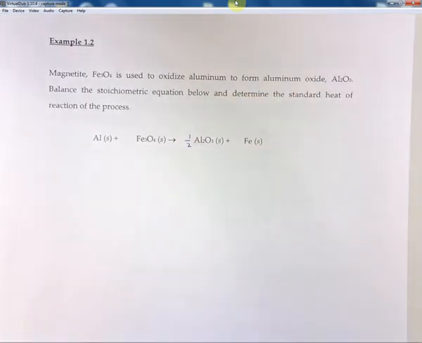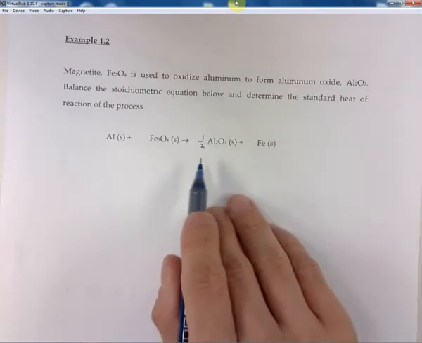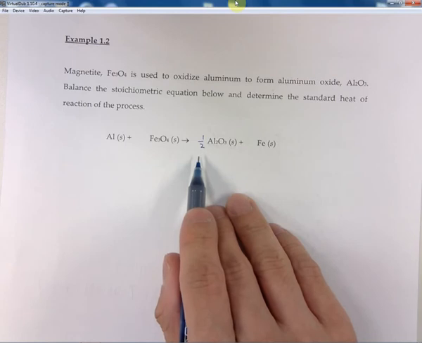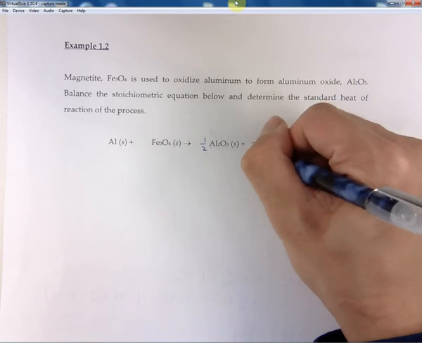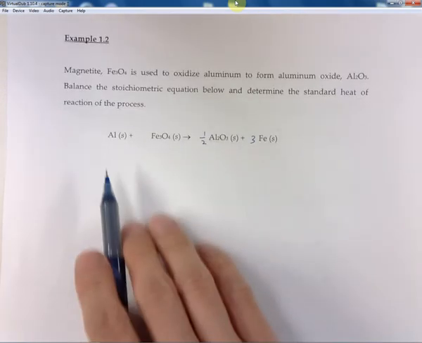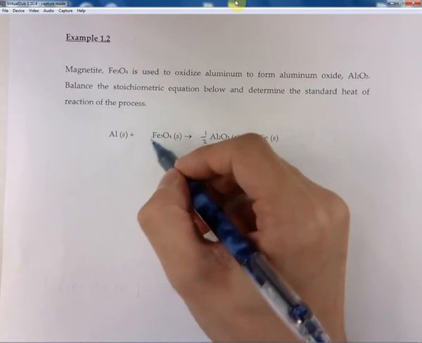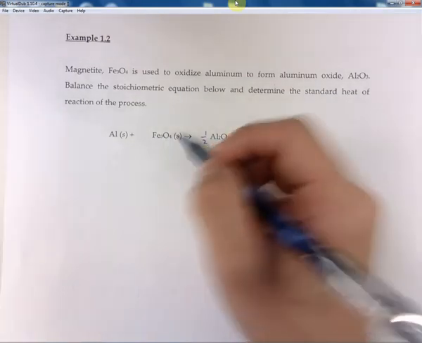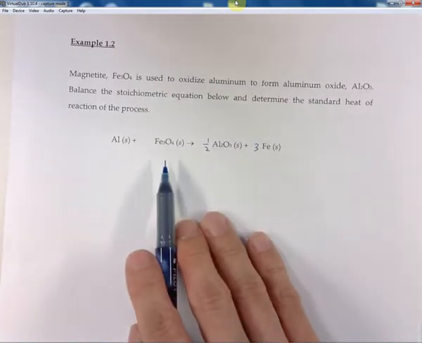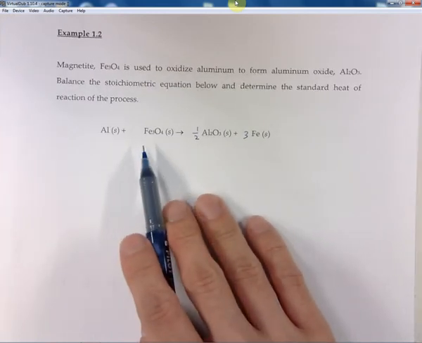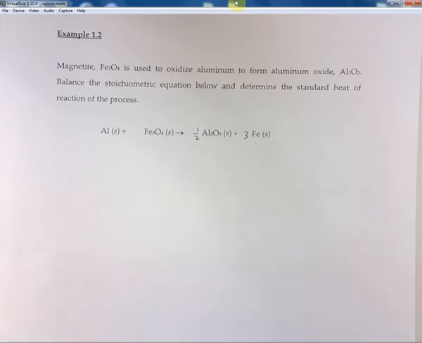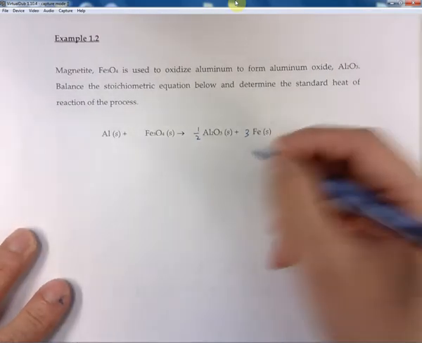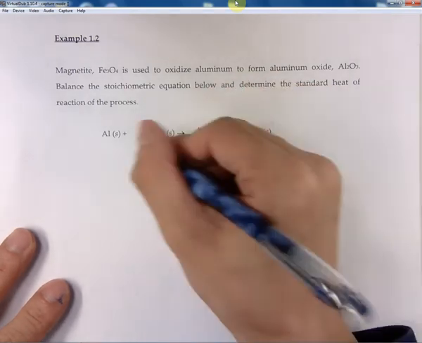If you want to calculate the heat of reaction, it is okay if it's a non-integer coefficient. So if this is 3, there's a 3 over here. So we want to calculate the heat of reaction for 1 mole of magnetite over here. Then we can proceed to balance it.